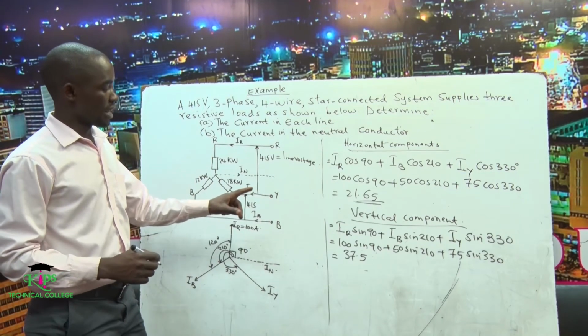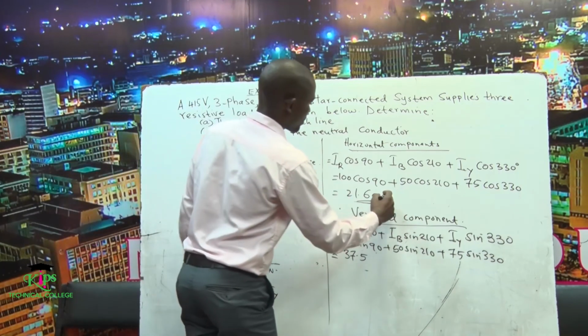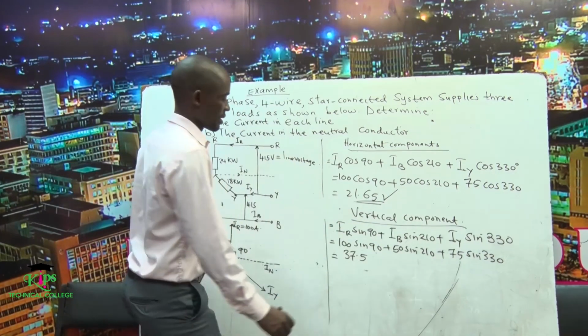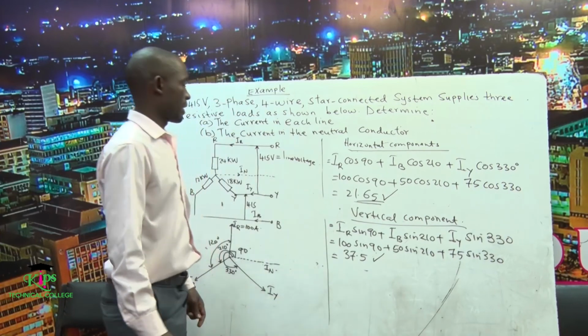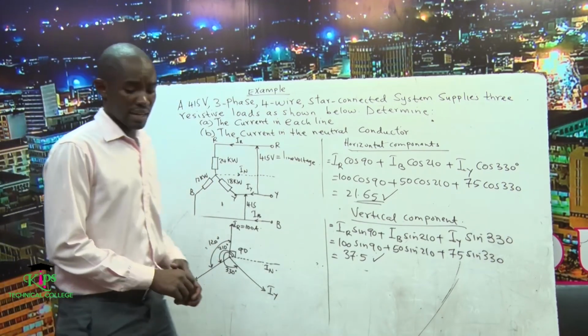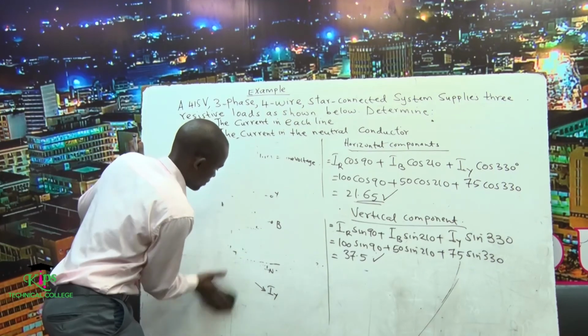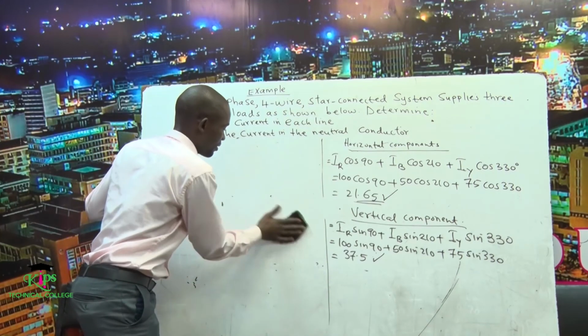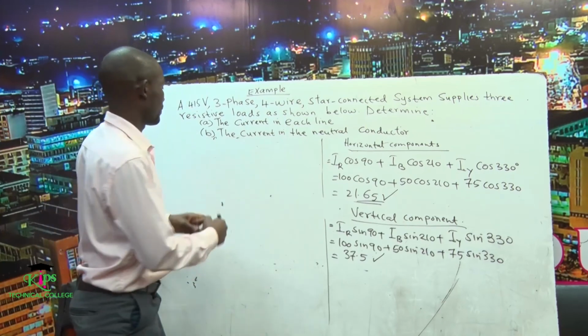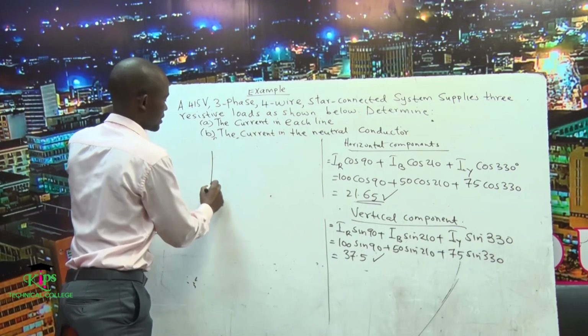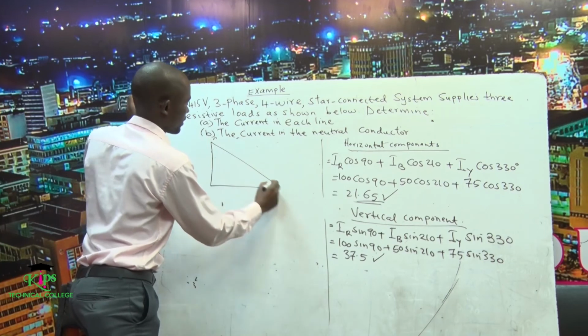After you are done with this, remember, this one now becomes our horizontal component, this becomes our vertical component. Having done that, you now need to put it in a triangle. You can now draw a triangle of this kind.